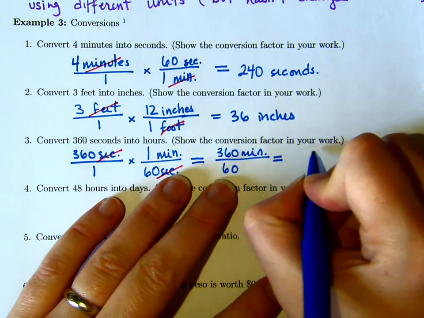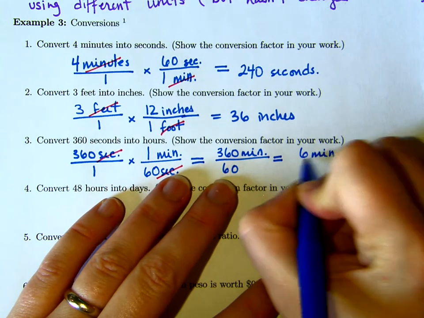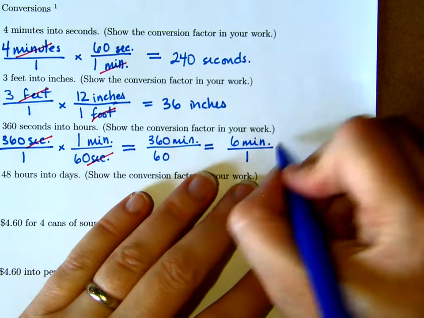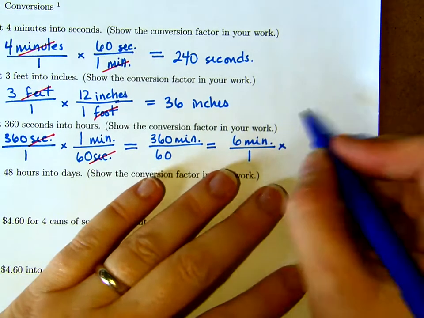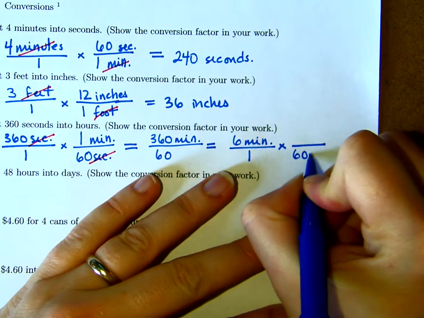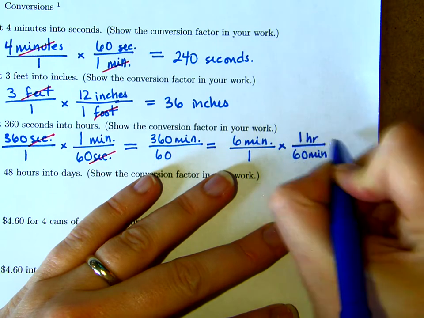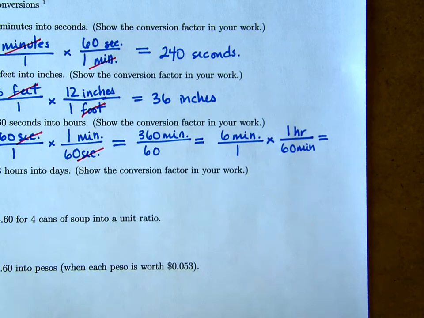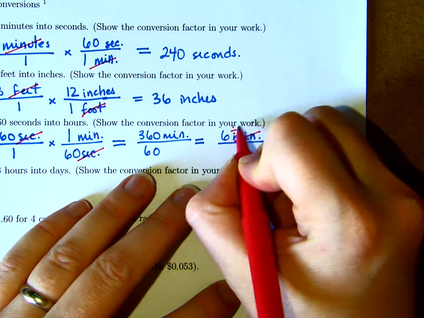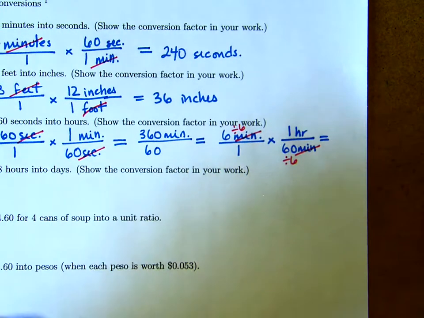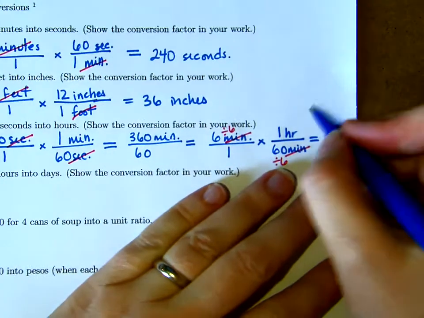I think that's 6. So now we have 6 minutes as our whole. And I'm going to multiply that by a conversion factor. How many minutes are in an hour? There are 60 minutes in 1 hour. All right, very good. And I can scale this down by 6. I get 1.